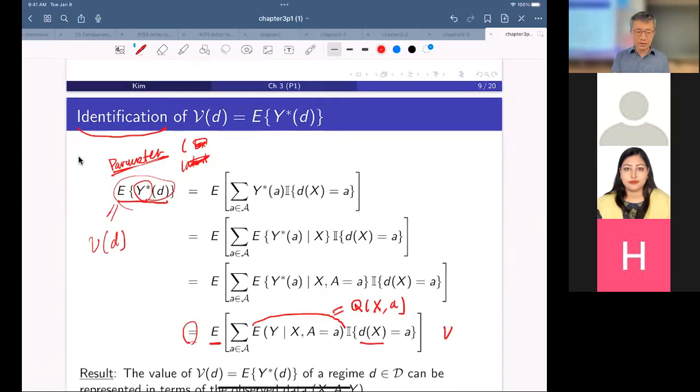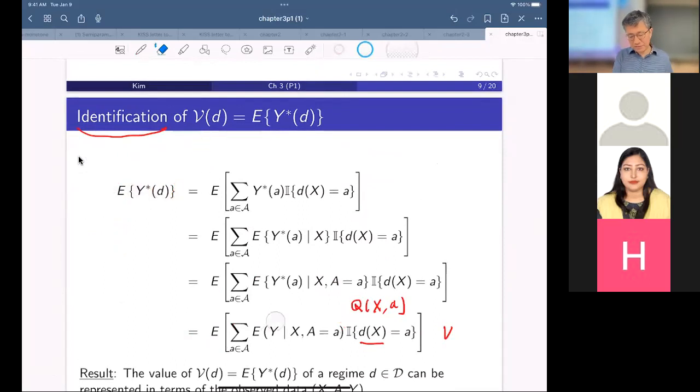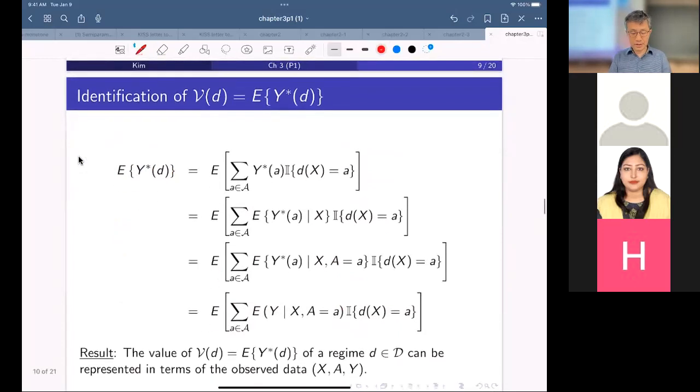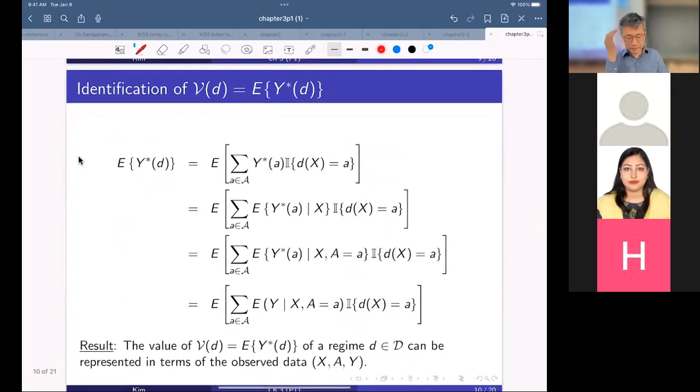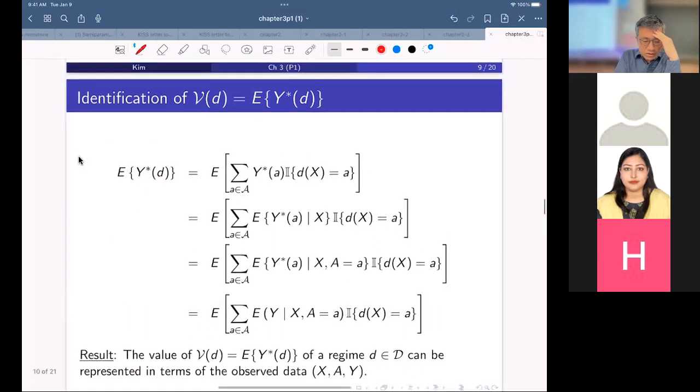Okay. So now we're going to look at this identification proof more carefully. First step is easy, because it's just the definition.